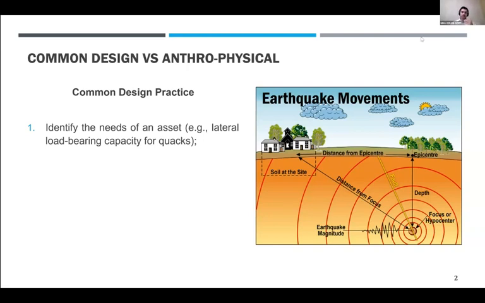What we need in the first place, in terms of lateral load, for example, is the load bearing capacity for earthquakes. If an earthquake happens every 100 years in, let's say, Vancouver, BC, where I am right now, we have to know the intensity of that earthquake and how much load it imposes on our building, in this case a 4-story building.